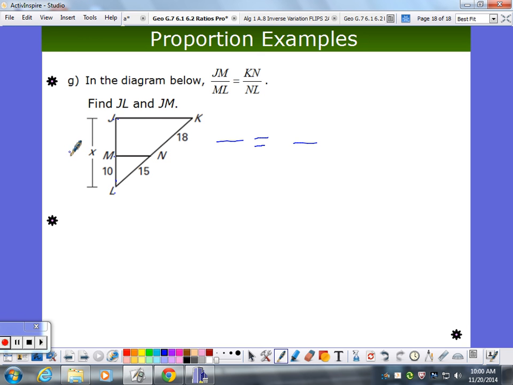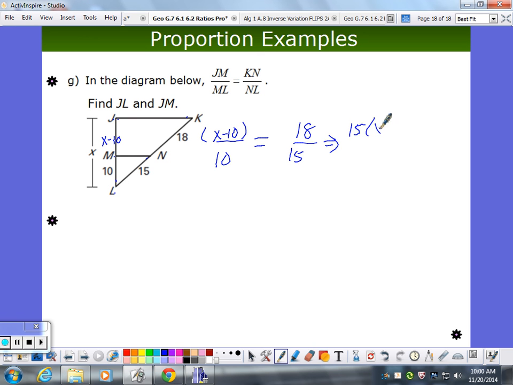Pretend this was 30. What would JM be? 20. How do you get there? Yeah, Joseph? It's x minus 10. So if I want JM, that's x minus 10. ML is a 10. KN is 18. And ML is 15.